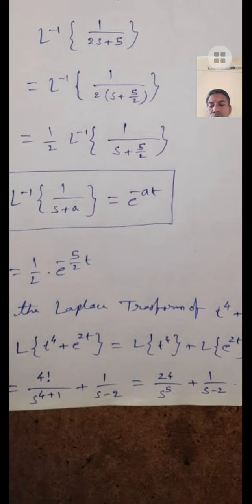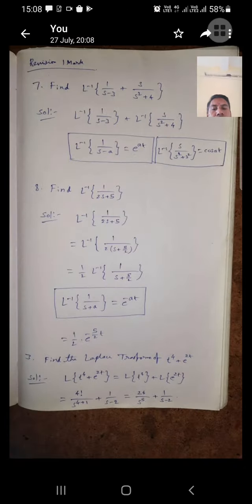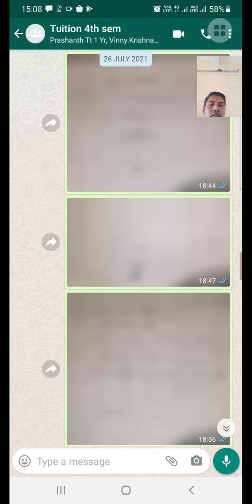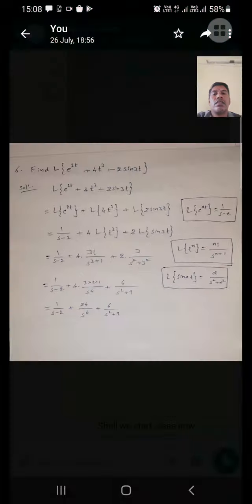These are all formula based questions. At the beginning we saw the formulas, now we are applying them here. Next we will discuss another question with other formulas.